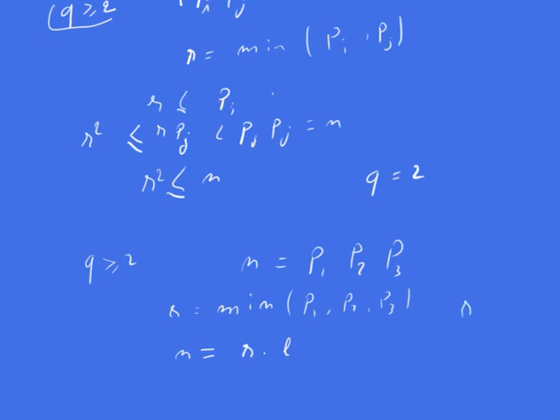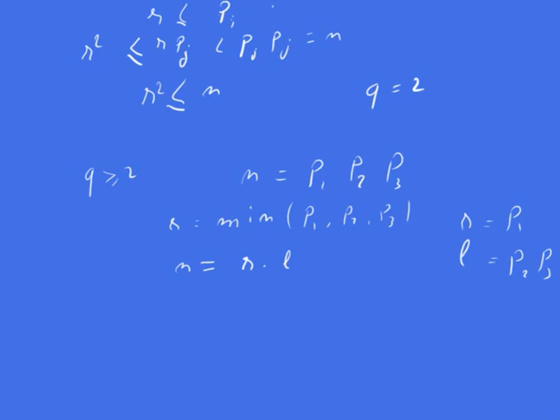For example, if r equals p1, l equals p2 times p3, the remaining factors. Then we can say that r is less than or equal to l because r is the minimum factor, and we can say that r square is less than or equal to rl, which equals n. So in each case we can find a prime number r with square less than or equal to n.